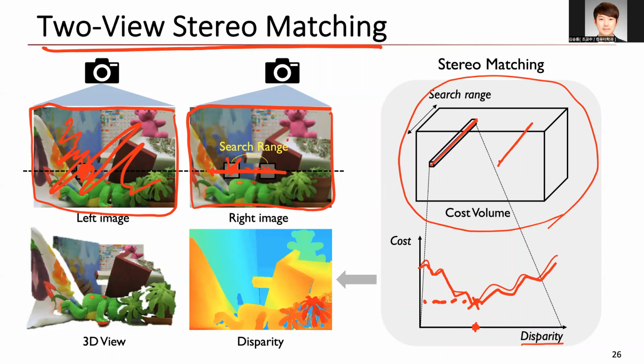When we color code this disparity map, because it is a 1D map, H by W by 1, it's going to look like this. In the color coded representation, the brighter, the closer the object is. By using this disparity map, you can render the 3D information, looks like this. So this is stereo matching.